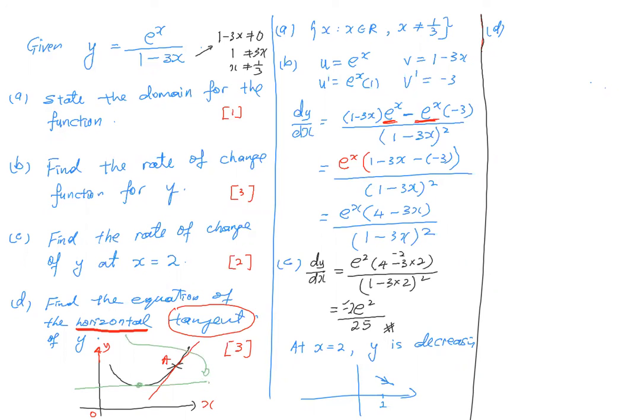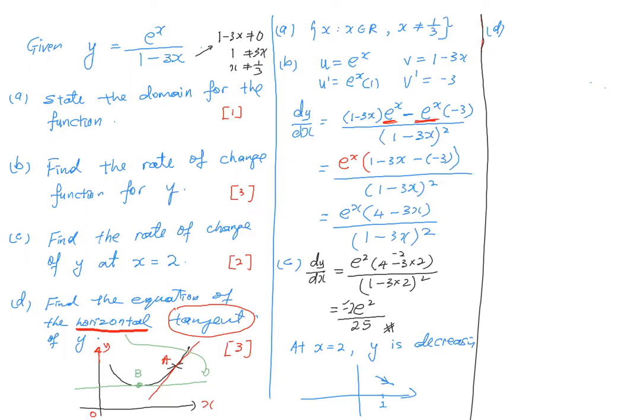So now, the word horizontal gives you what information? The gradient is 0. Yeah. So what is the issue now? So you see, you have to learn how to teach yourself to analyze. Just now I led you to the answer.